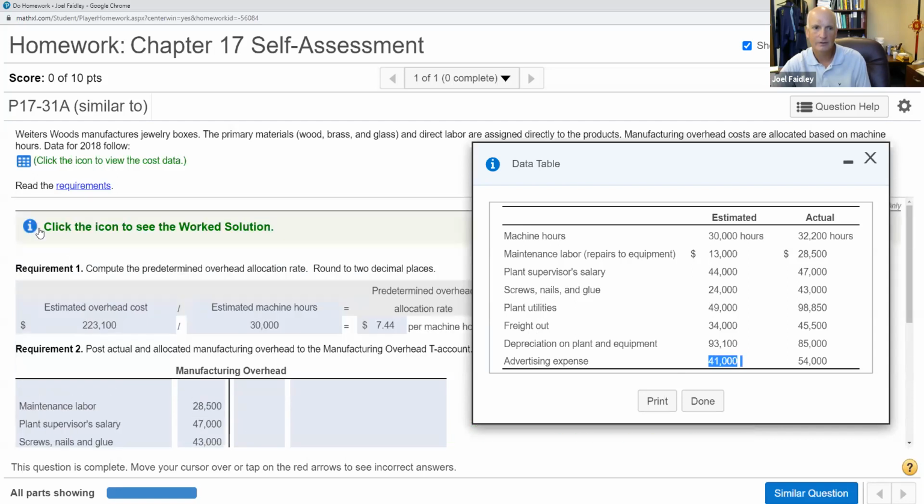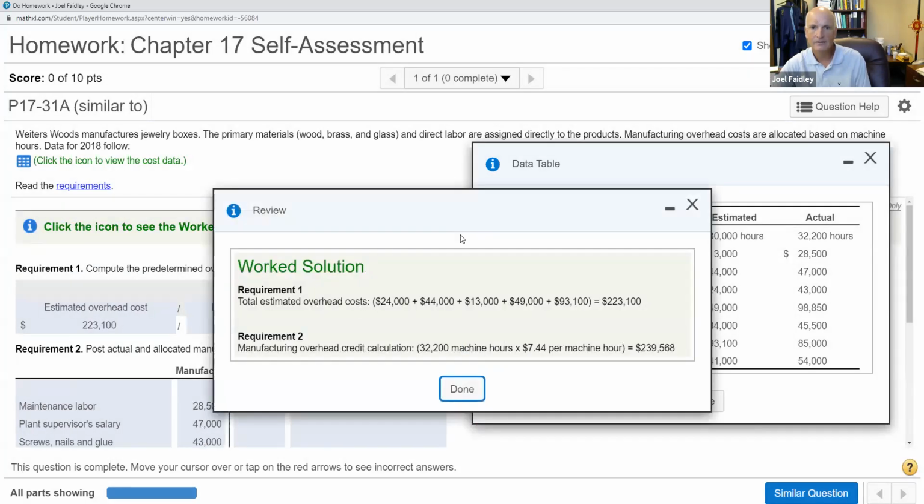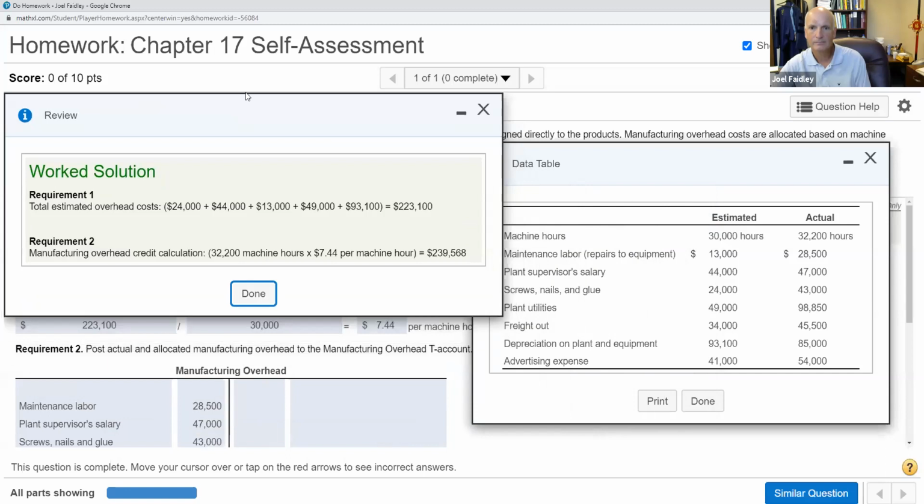Let me just show you the solution here. That adds up. There it is. 24 plus 44 plus 30, I don't know why I didn't do it in order, plus 13 plus 49 plus 93.1. So again, we ignore freight out, we ignore advertising expense. So there's my budget.